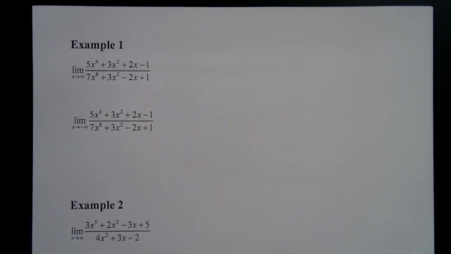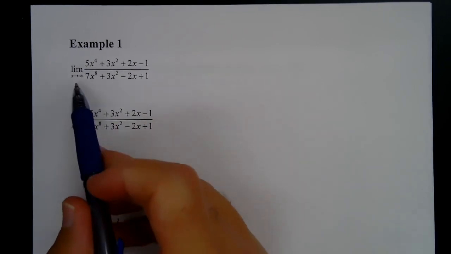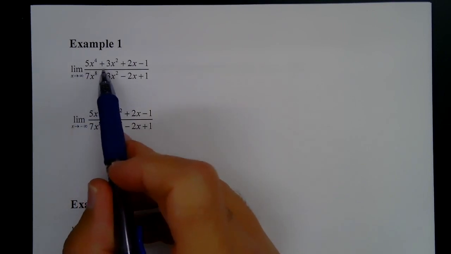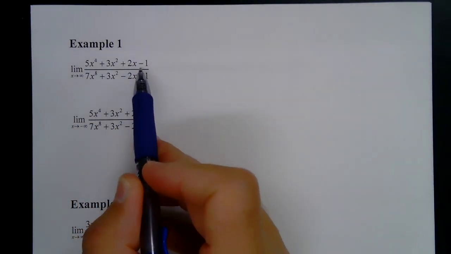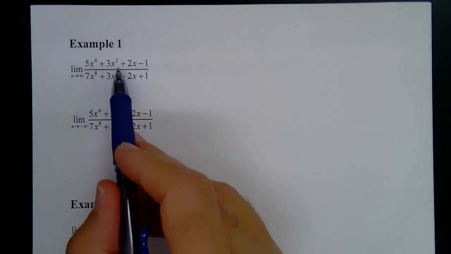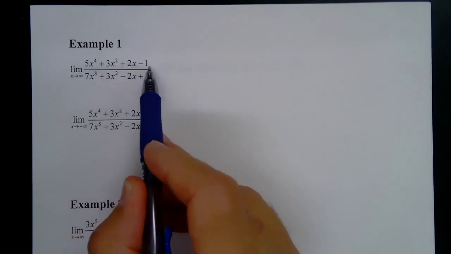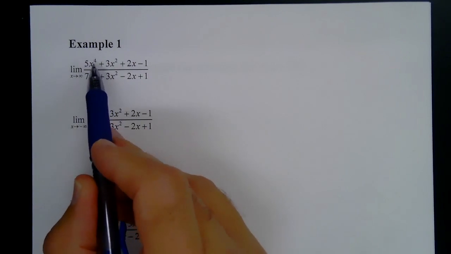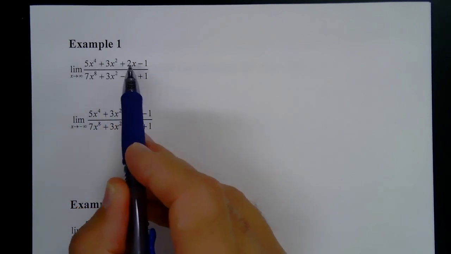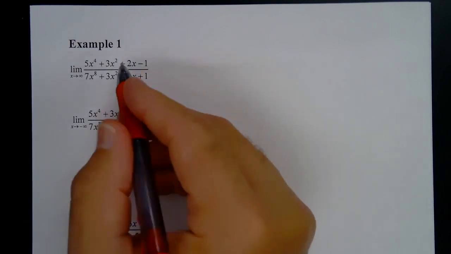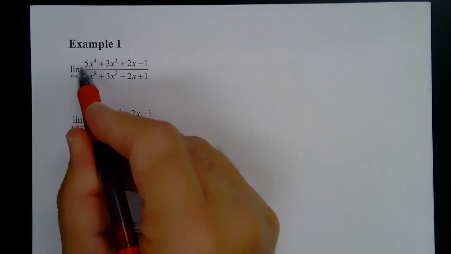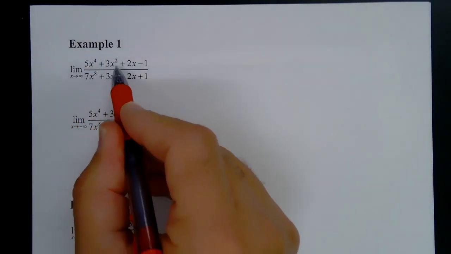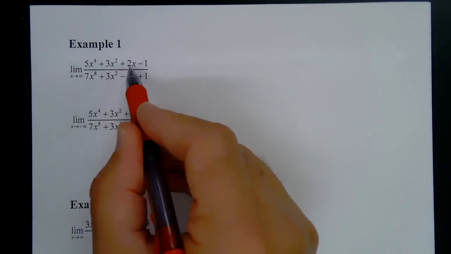Okay, so for this problem, we want to find the limit as x approaches infinity of 5x to the 4th plus 3x squared plus 2x minus 1. So of the things in the numerator that we're adding and subtracting, this has the most power. This grows the fastest. Why? Because it has the highest power. So what we can really do is, this is like a millionaire right here, and somebody coming up over here and giving them $1.